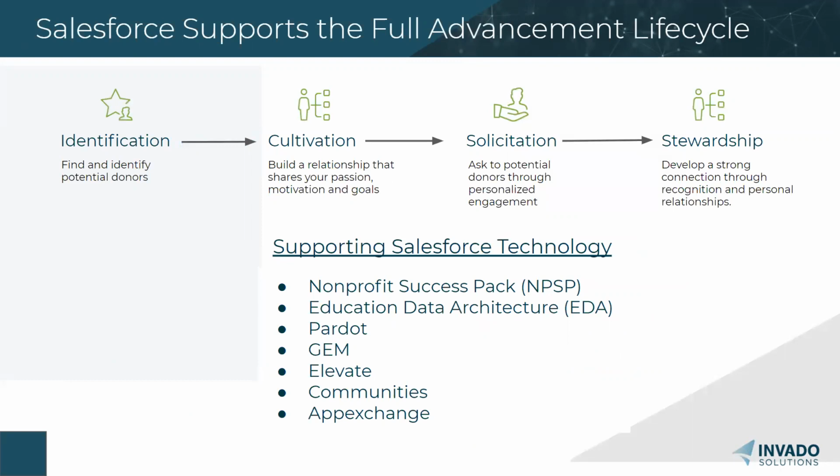Okay, we had this slide in our last video, and we included it again today because we want to remind people that Salesforce and its suite of products can help fundraising professionals track and engage with supporters throughout the fundraising lifecycle, from identification to cultivation to solicitation and on to stewardship. Salesforce solutions can help you meet your business needs.